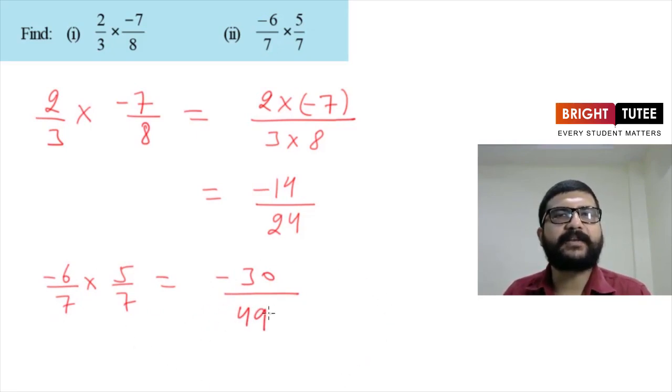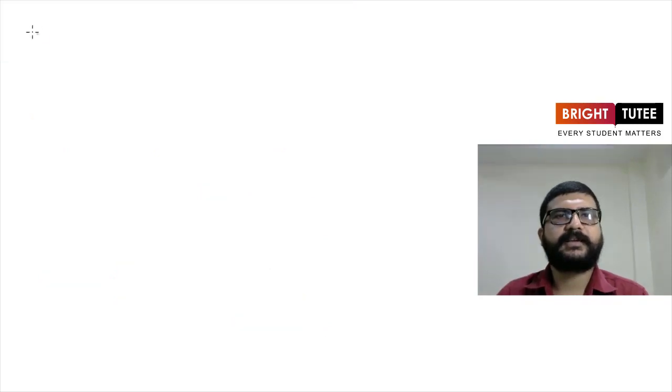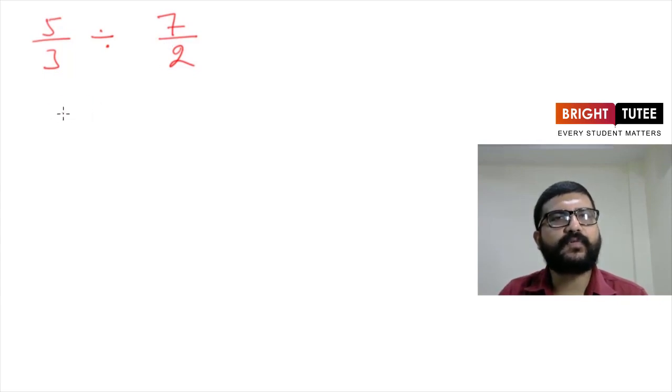So this is how we multiply two rational numbers. Now let's see a couple of examples on division of two rational numbers. So let's take numbers as 5 upon 3 divided by 7 upon 2.